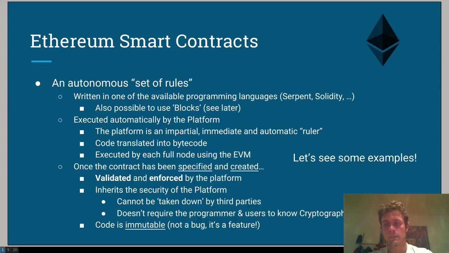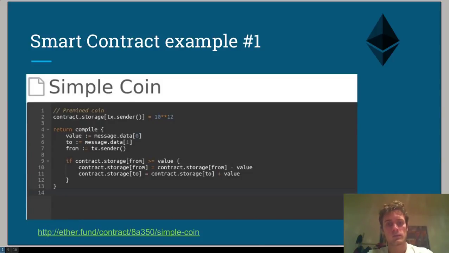Okay, let's see some examples. So maybe you've never programmed before. In that case, don't worry about it. That's just how it would look if you wanted to create your own coin. A coin using your name, or if you live in a village, maybe you want some coins for the milk coin.